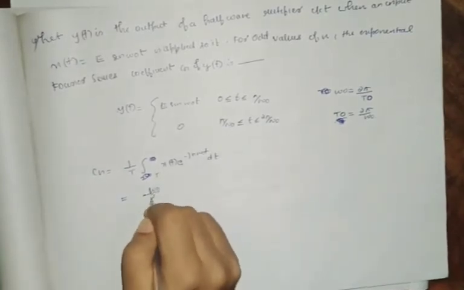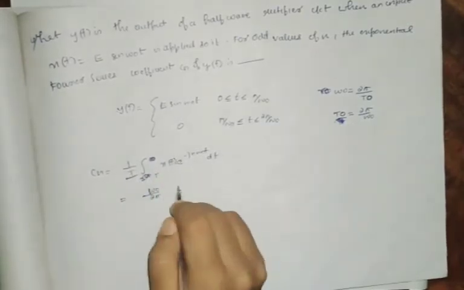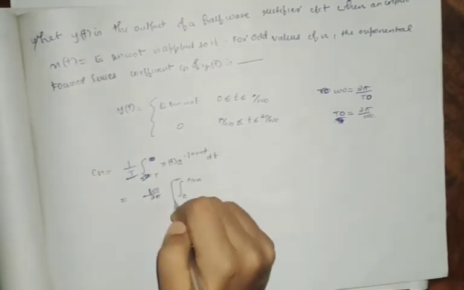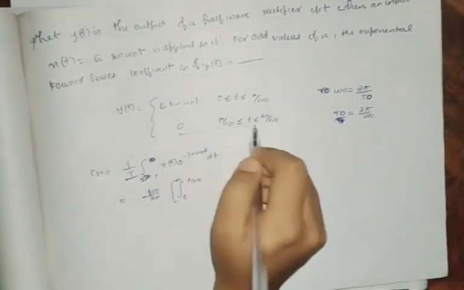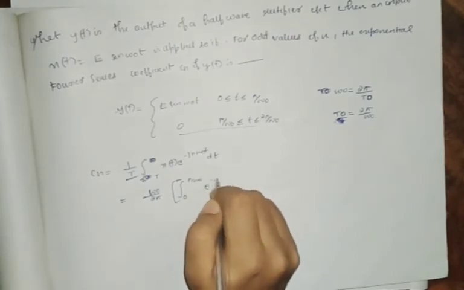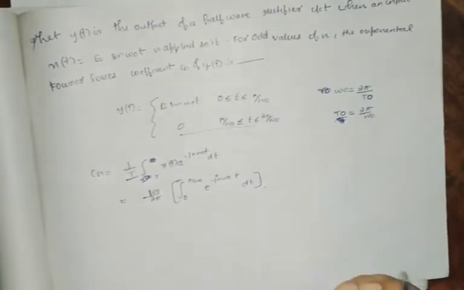That is omega 0 divided by 2 pi. We will get the reciprocal because it is 1 by T. And from 0 to pi by omega 0, I am taking 0 to pi by omega 0 because after that it is 0. So omega 0 e raised to minus j n omega 0 t dt.